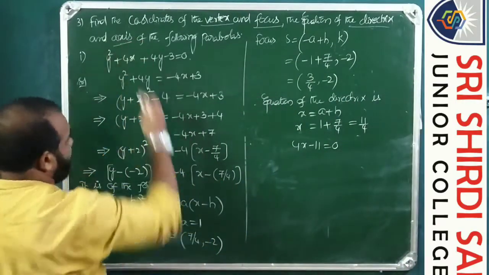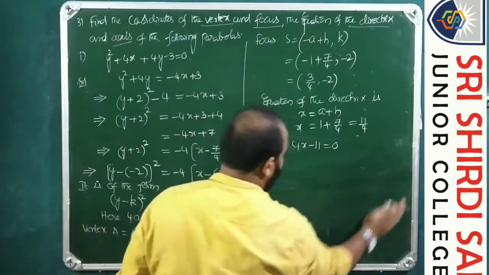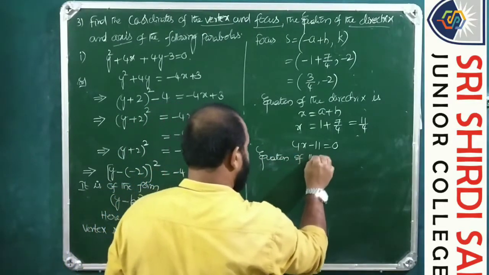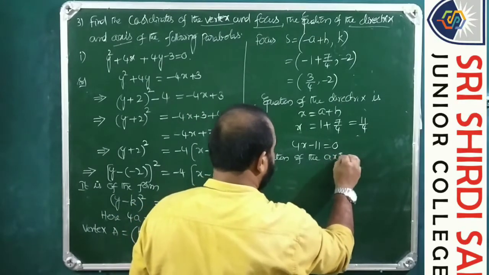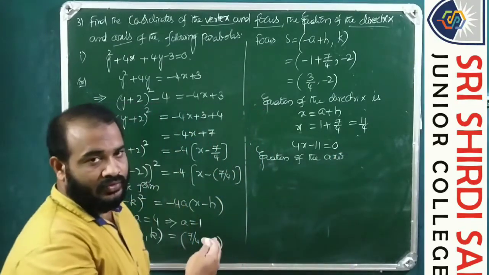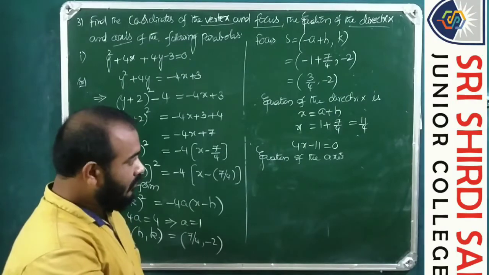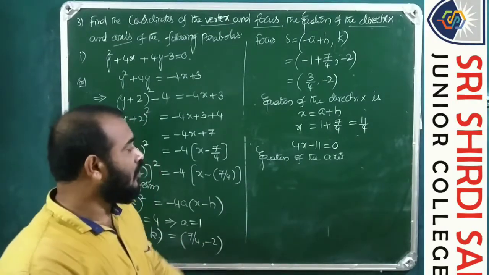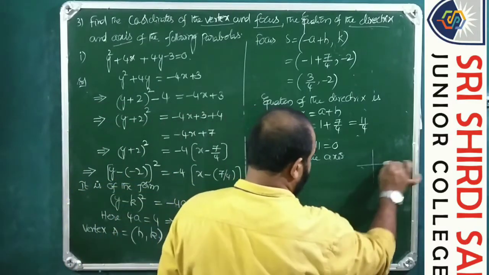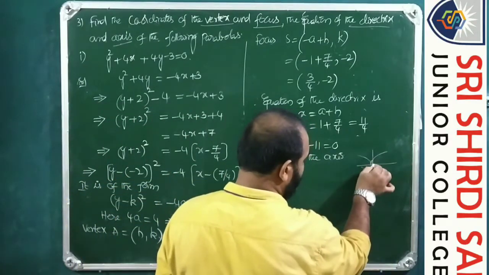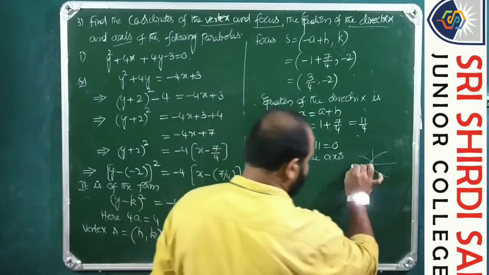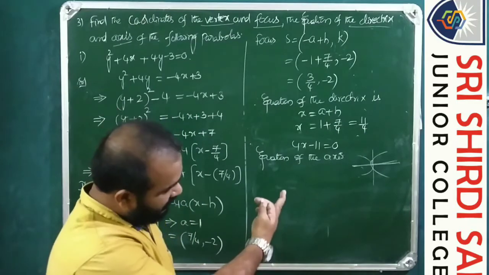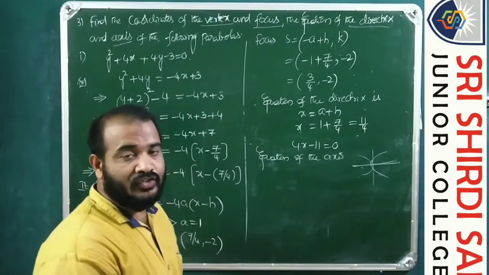And the equation of the axis. Equation of the axis means the principal axis. The line which is passing through the focus is called the axis. For y square equals 4x or y square equals minus 4x, this is the axis, the x-axis, whose equation is y equals 0.